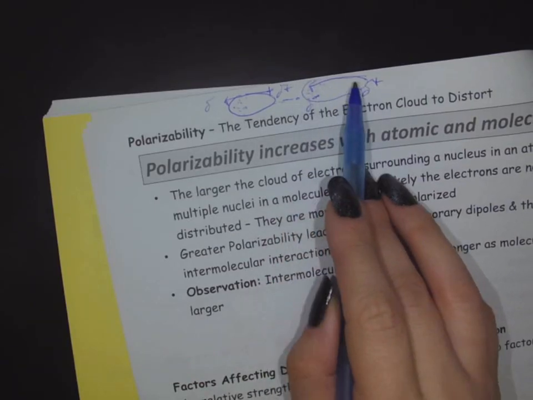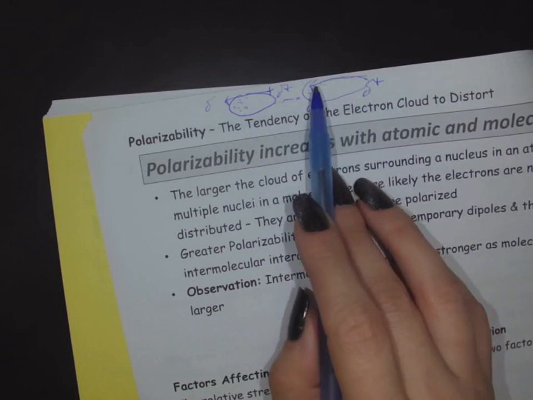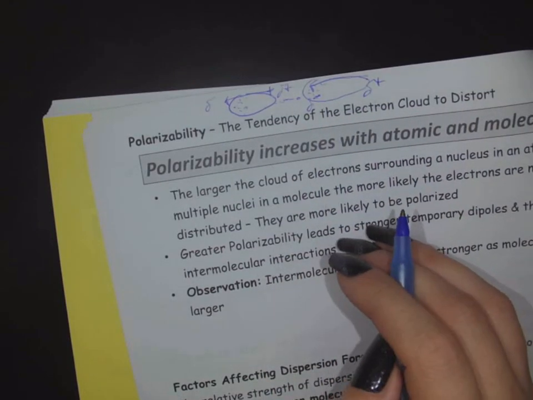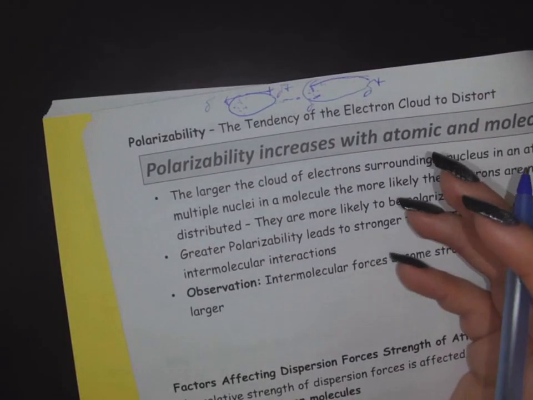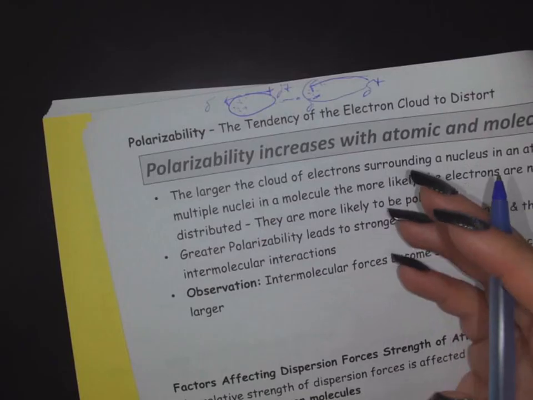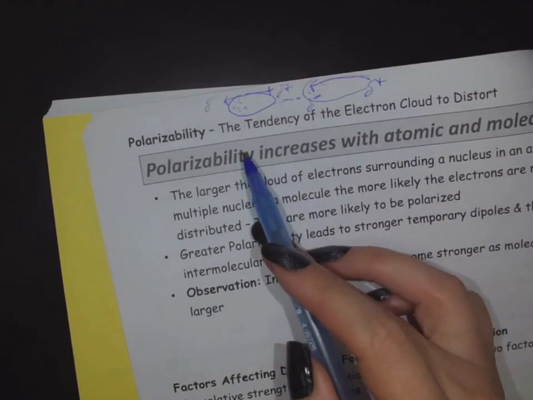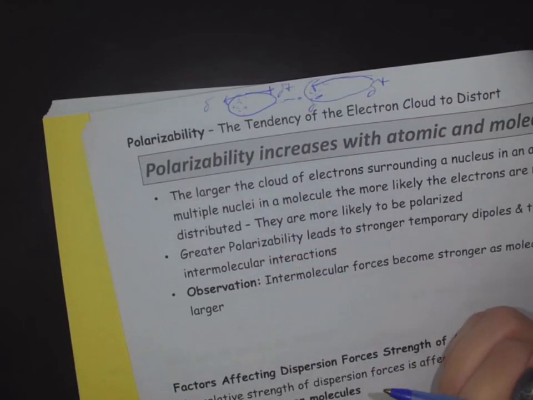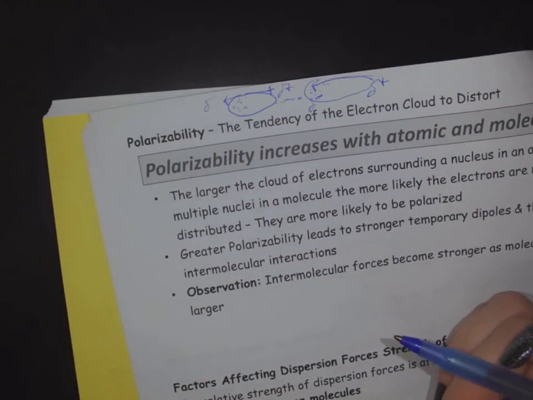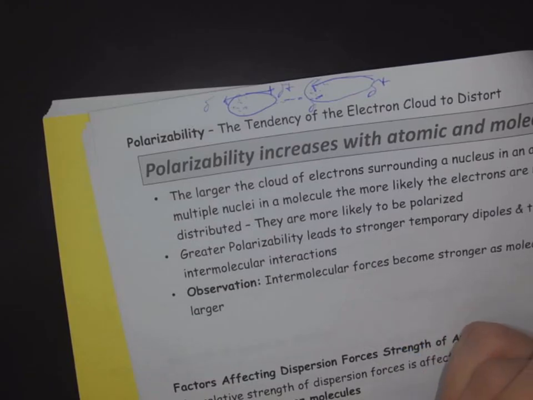Polarized, like look, it got polarized. The electrons unevenly gathered for a moment, and it made it almost like a polar molecule for that moment in time. So the larger the molecule is, the more polarizable the electrons of that molecule. That would make a London dispersion force stronger. So the larger the molecule is, the stronger the London dispersion is.